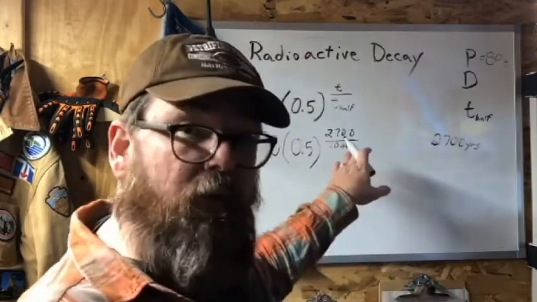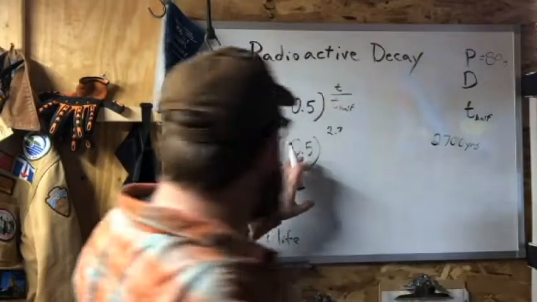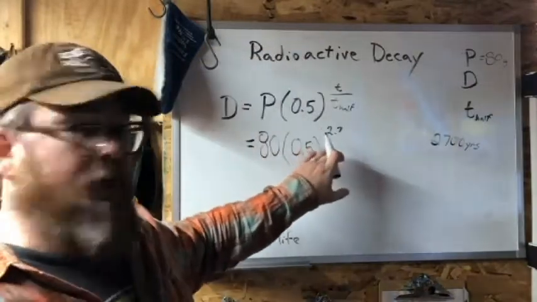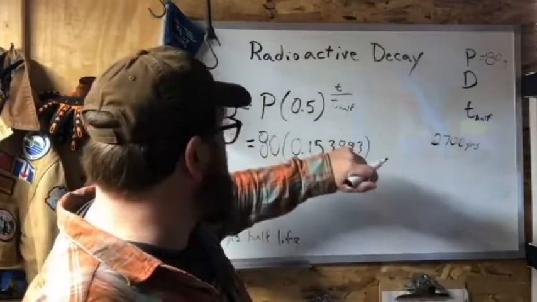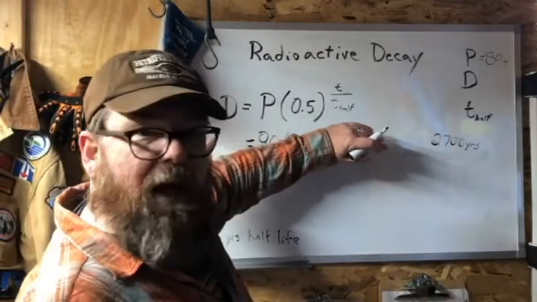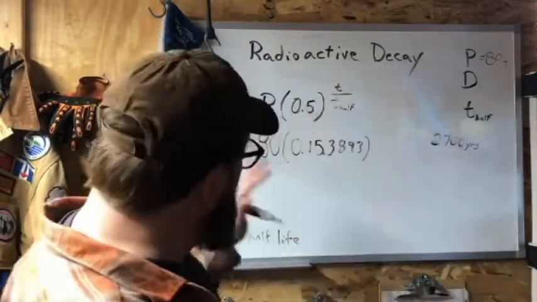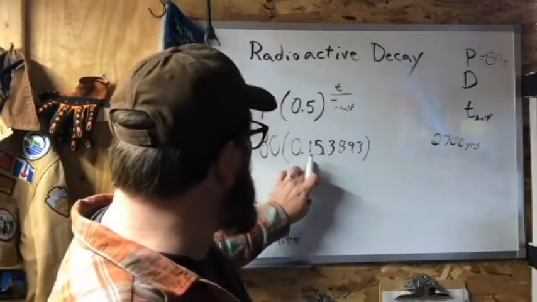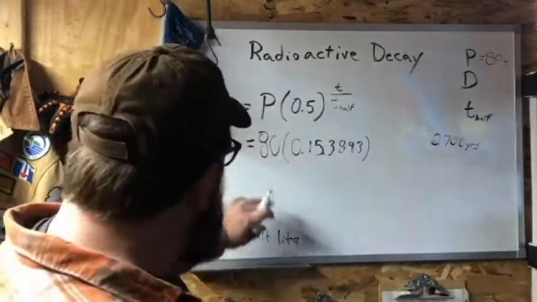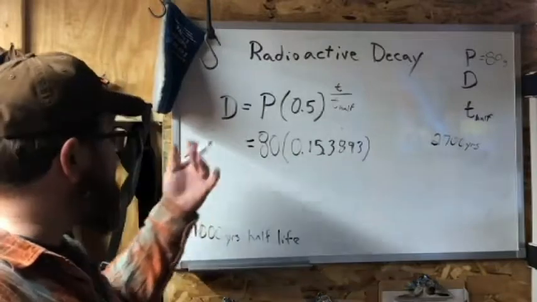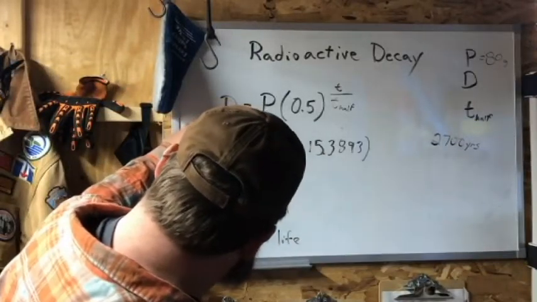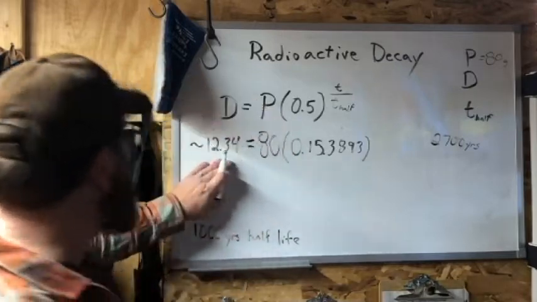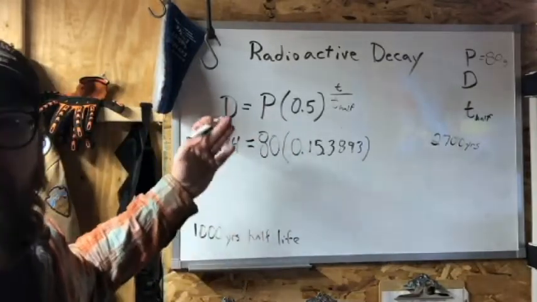We work our exponents first. So we're taking 0.5, or 1/2, to the power of 2.7. That's our exponent. So when we raise that 0.5 to 2.7, we get this number, 0.153893. And then we just multiply that by 80, and we get, roughly rounded, 12.34 grams left.